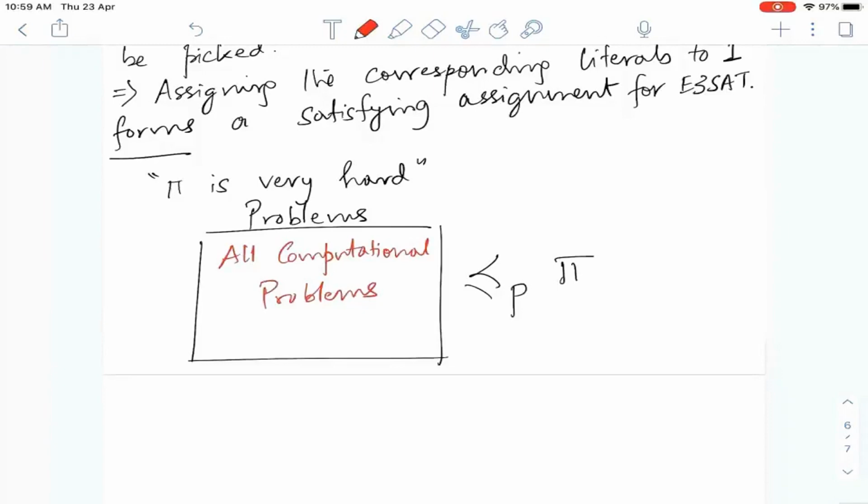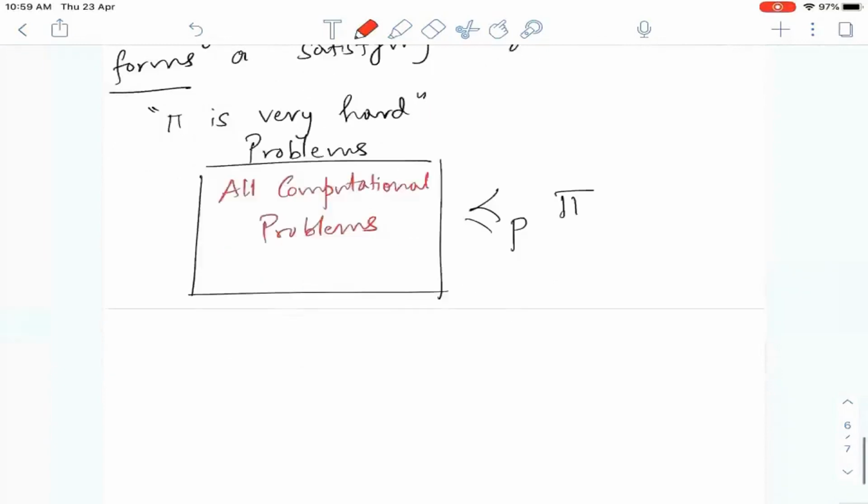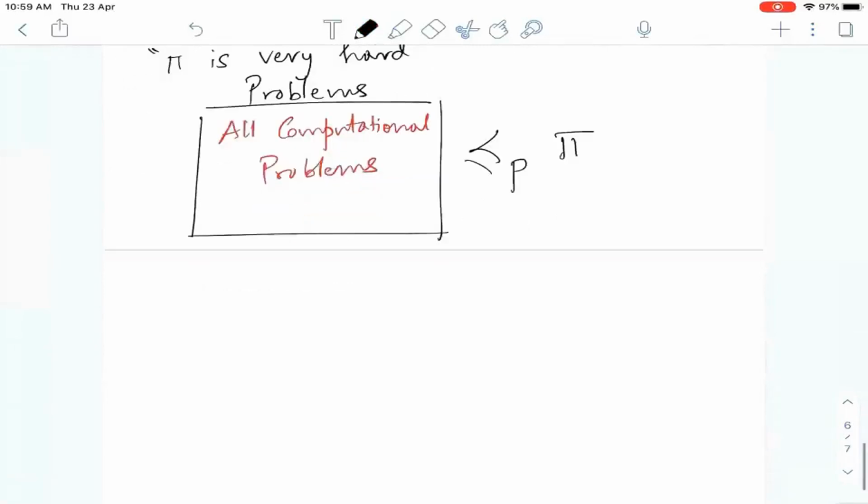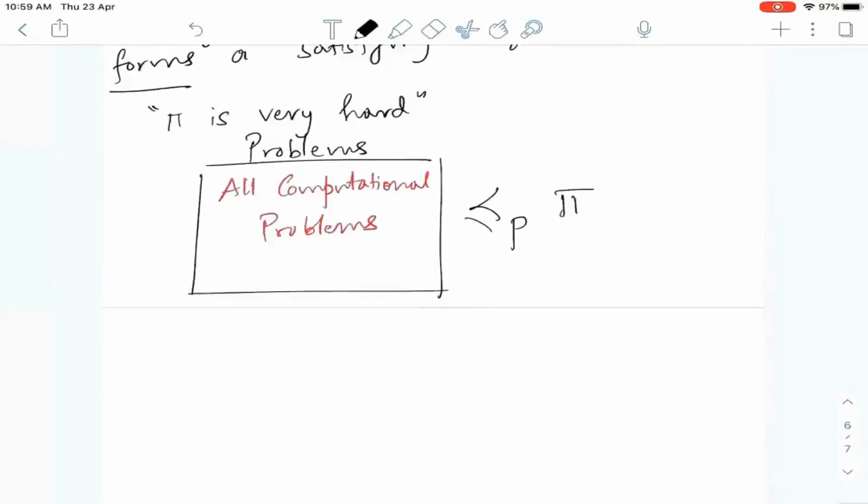So I heard you have learned about this problem in your TOC lectures. Those of you who attended, of course, we will be talking about that problem anyway. The question I'm asking is the following: I have set out with this ambitious goal of proving that all the computational problems in the world are reducible to TSP. If you are able to show that, then this will convince you that TSP is very hard.